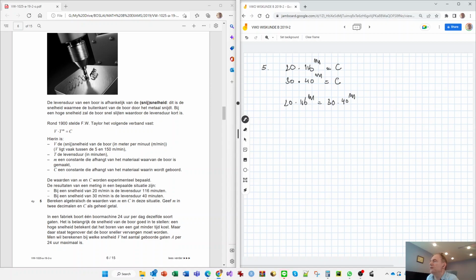Let's bring these powers of m to the left, and we get 116 to the power m divided by 40 to the power m is 30 divided by 20.